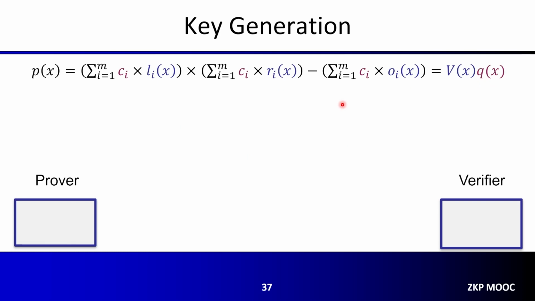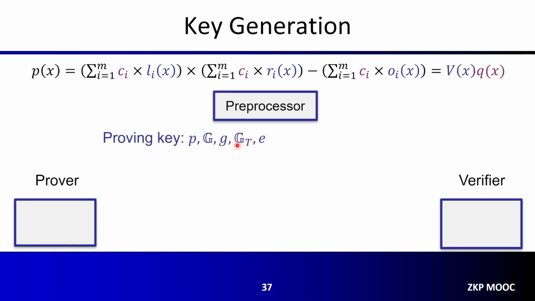So then instead of sending these c_i and Q(x) directly to the verifier, as in the linear PCP model, here's what we are going to do. There is a setup phase of this SNARK based on a quadratic arithmetic program. In the setup phase, first we are going to generate the parameters of a bilinear group, and then compute this set of public keys.